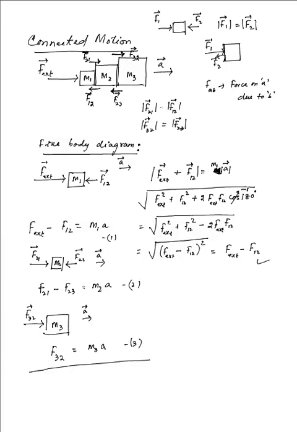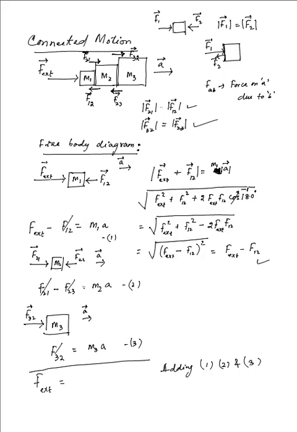F32 and F23 being equal in magnitude, you have a minus sign over here and a plus sign over here, so they can cancel out while adding them. F12 and F21, while adding equations 1, 2 and 3, can get cancelled out as well, and all that we are left with is the external force, which is completely responsible for the motion of this system of three masses in contact.